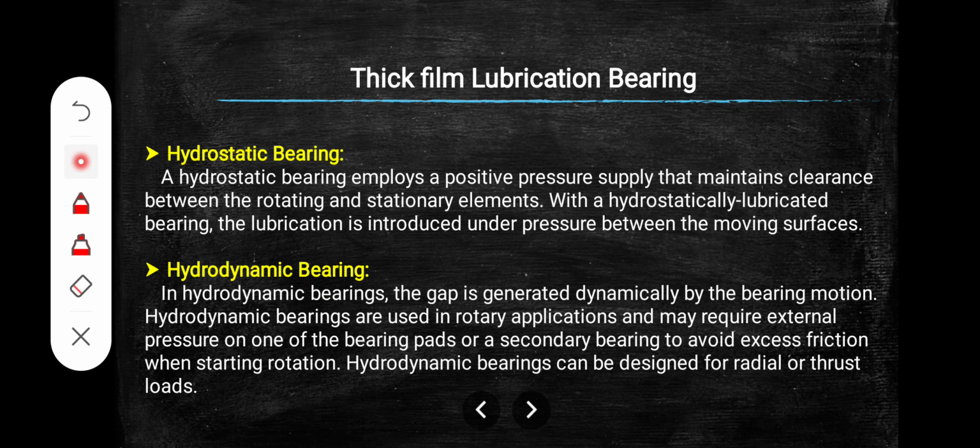When the turbine gains speed, as most turbines in India run around 3000 rpm, the hydrodynamic bearing comes into function, and a squeezing and wedging action comes into play. These are the two main types of thick film lubrication bearing.